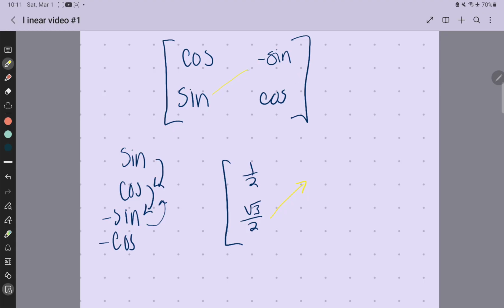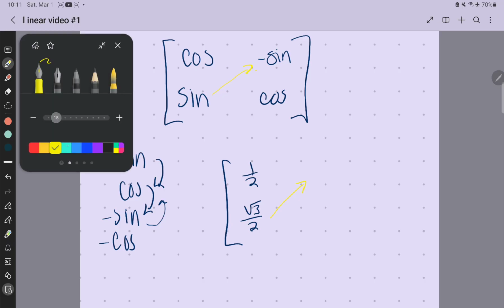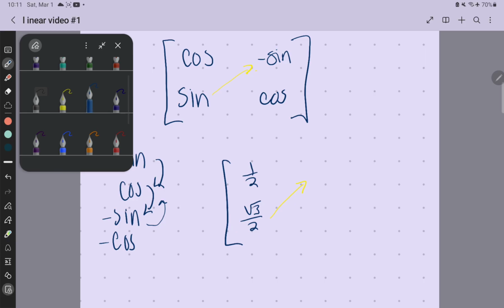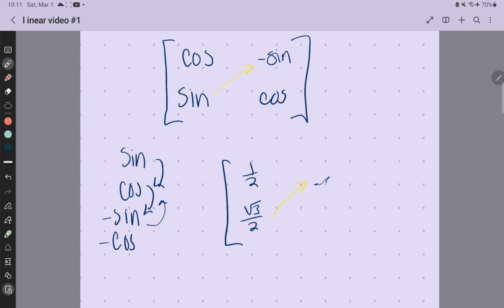So you're just going to negate that. That's what you're going to do. What color was I? I don't know. Let's do this one. It's a little lighter, but whatever. So you're going to negate that. Oh no, it's the same color. And then you're just going to bring the 1/2 down here. Okay? So noticing this, I'm like, okay, now I have my second column.